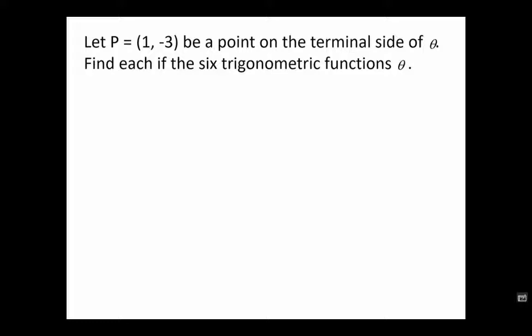Let the point P have the coordinates 1, -3, and this point is a point on the terminal side of angle theta. Knowing that, let's find the values of the 6 trigonometric functions.